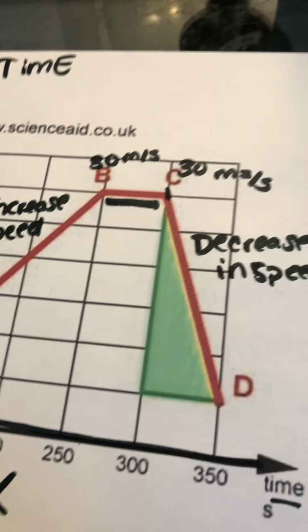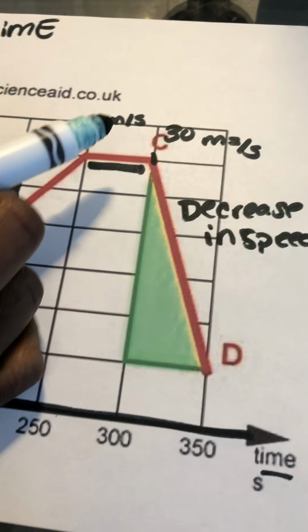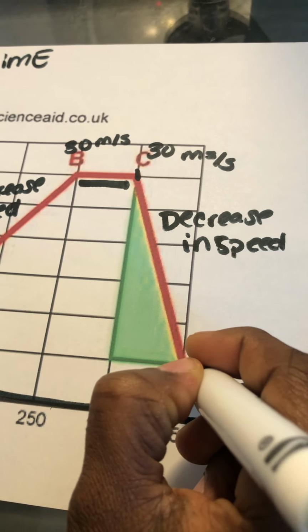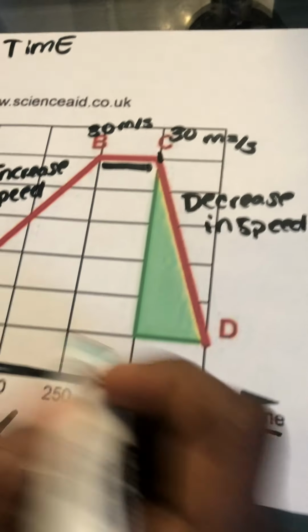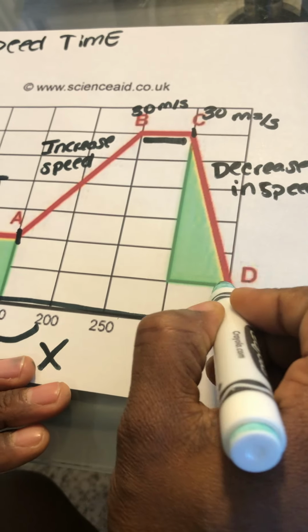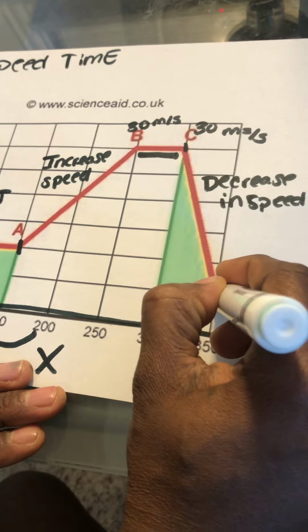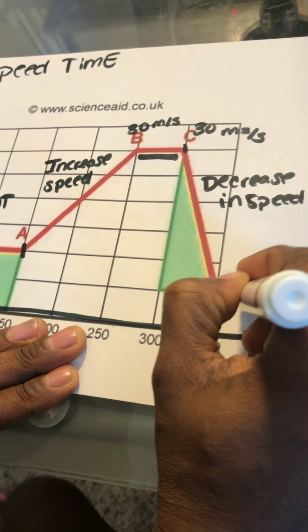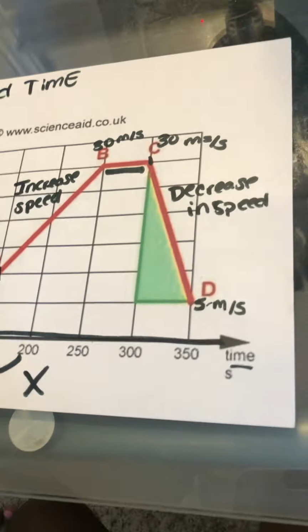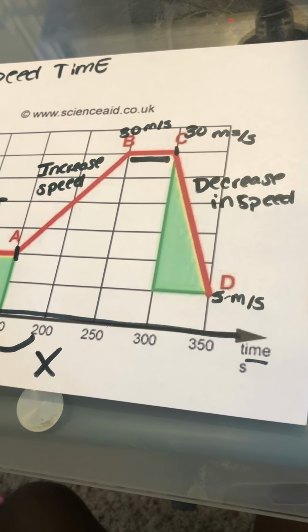You can see we went from 30 meters per second all the way back down, and it ended up being at 5 meters per second. So this is your speed time graph.